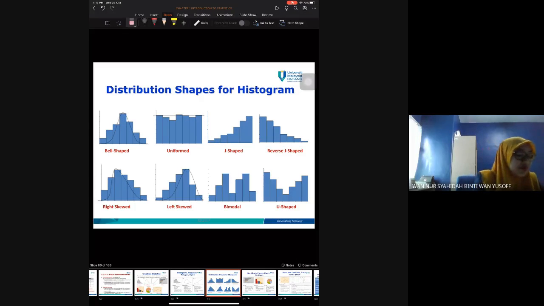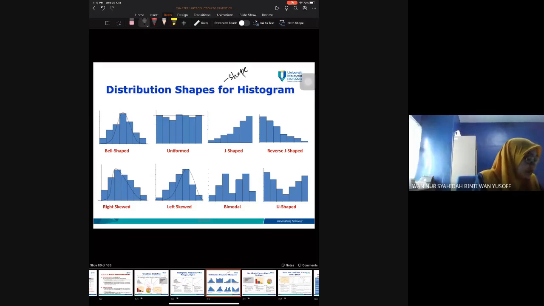After you construct the histogram, you need to comment on or interpret the histogram. So in that question, what we need first is the shape of the distribution based on the histogram. You have 4, and here we have 8 common patterns for the histogram.